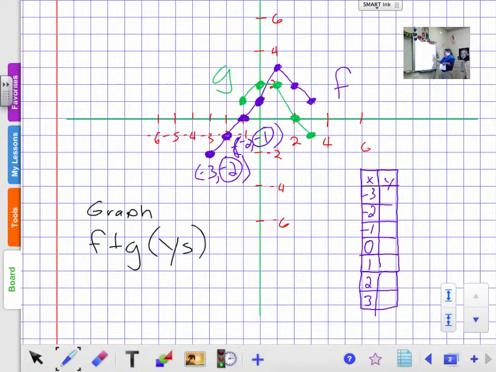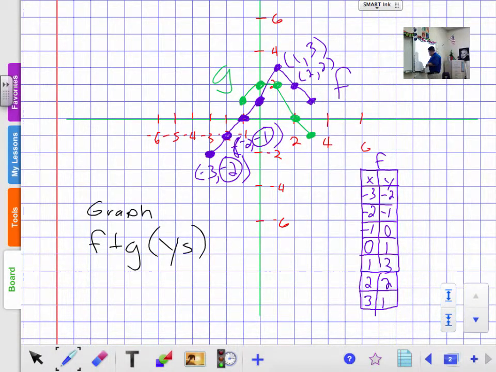And then my corresponding Y values for F are -2, -1, 0, and then 1, and then this point here is 1, 3, right? You see where I'm getting these values from? This point here is 2, 2, and then 3, 1, all right?